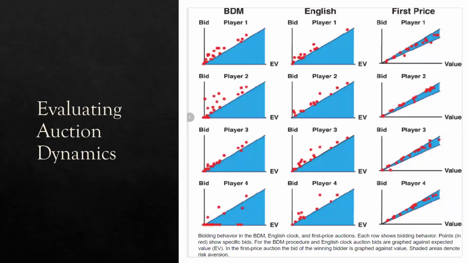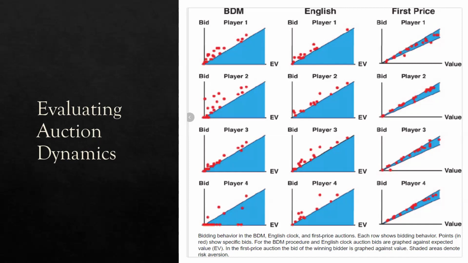Next, let's move on to the graph and evaluate the auction dynamics. Here we are evaluating the bidding behavior in the BDM. We have the three types: BDM, English, and the first price. For the BDM procedure and the English clock auction, bids are graphed against expected value, that is EV. In the first price auction, the bid of the winner is graphed against the value, and shaded areas denote the risk aversion.